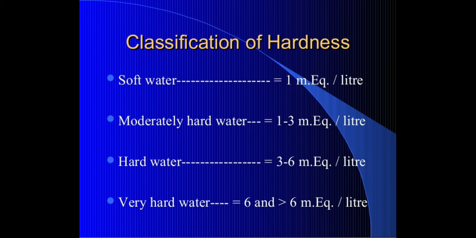And it depends on, you can see here, soft water is equal to 1 milli equivalent per liter. And this way we can say soft water, moderately hard water and very hard water. This classification is based on this. You can see here.